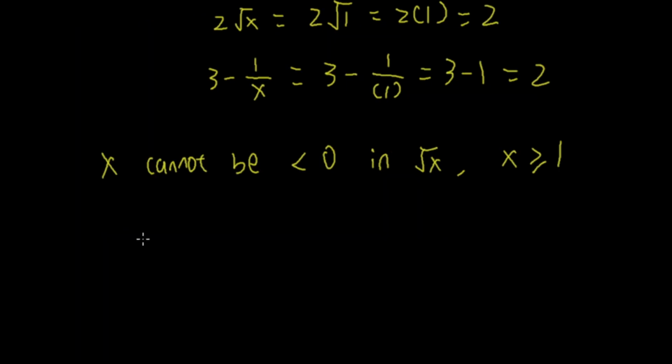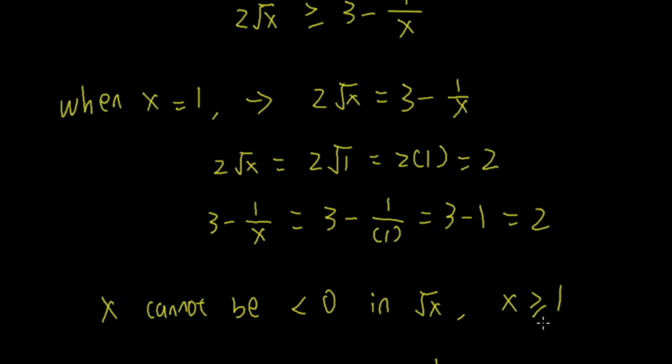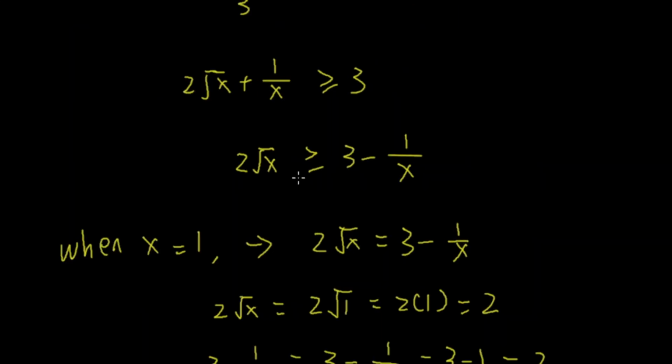Now, since when x is equal to 1, we have 2 times square root of x equals 3 minus 1 over x, then when x is greater than 1, we will have 2 times square root of x greater than 3 minus 1 over x. Because here you only have greater than or equal to.